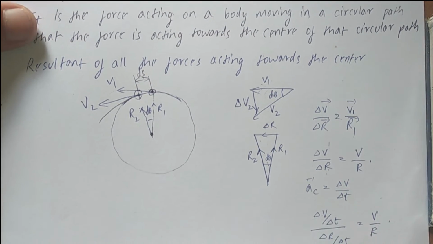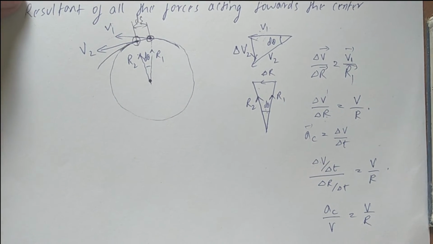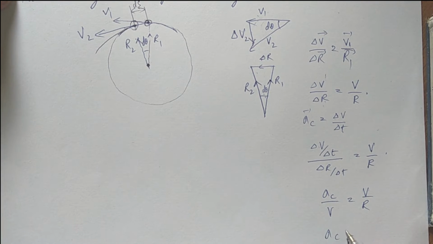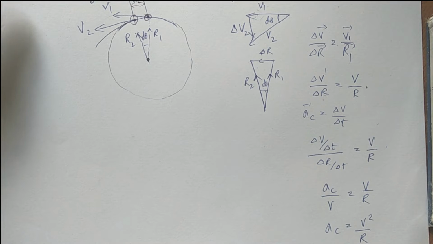So the centripetal acceleration that we are getting is V square by R. This is the formula for the centripetal acceleration.